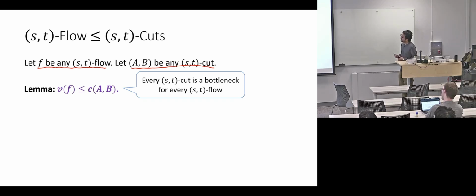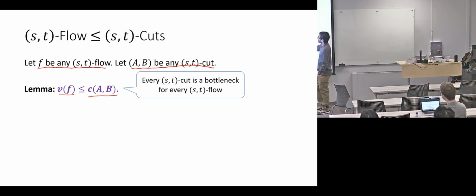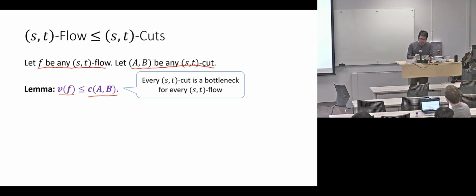I can say immediately that I know for sure that the value of my flow is at most the value of the cut. Given any flow and given any cut, every ST cut is a bottleneck for every ST flow. Why is that? We're going to prove this, but it's actually super intuitive.